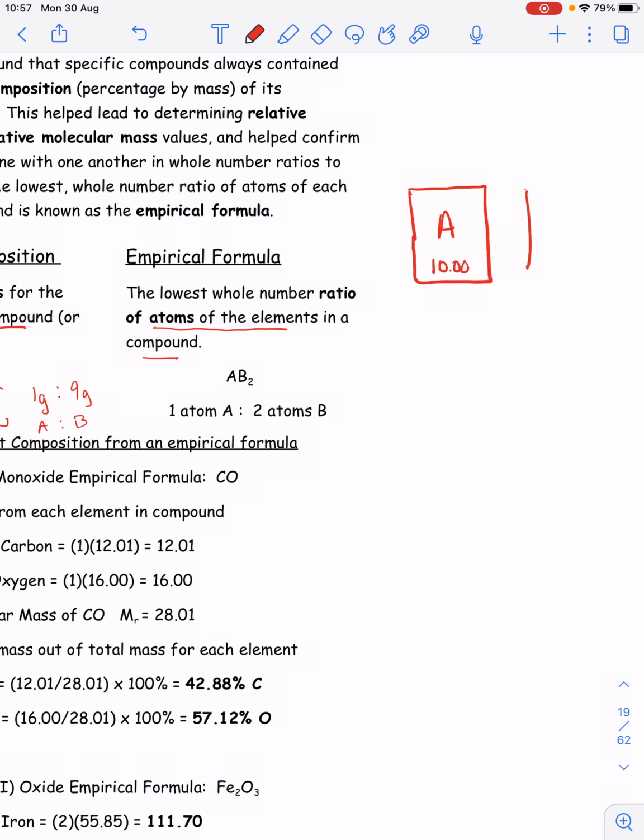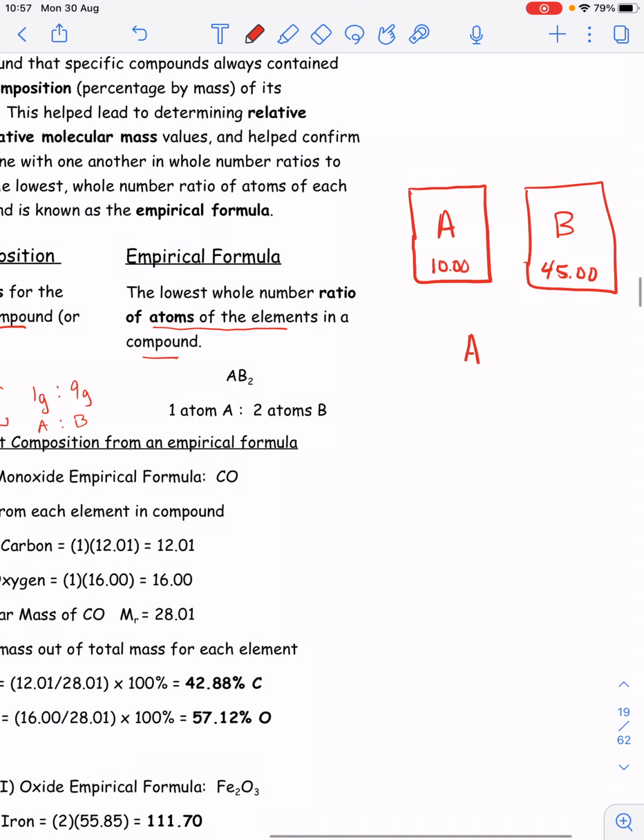and if B had a molar mass of 45, then because they don't weigh the same, because B is a lot heavier, if the empirical formula, which is what we're talking about right now, is AB2, so that implies there's 1 atom of A for every 2 atoms of B, then the A weighs 10 grams, and then we have 2 B's, so we have 2 times 45 grams.